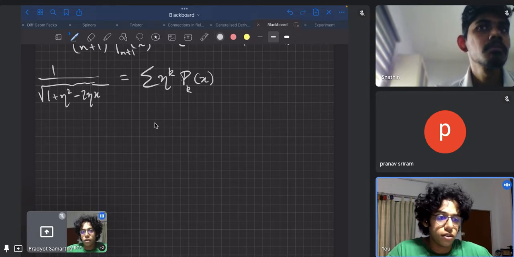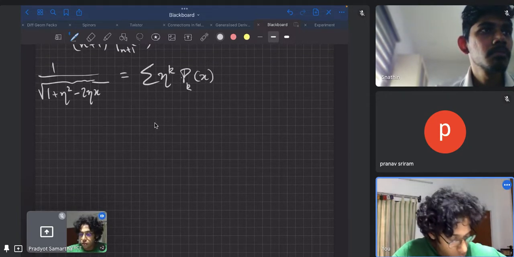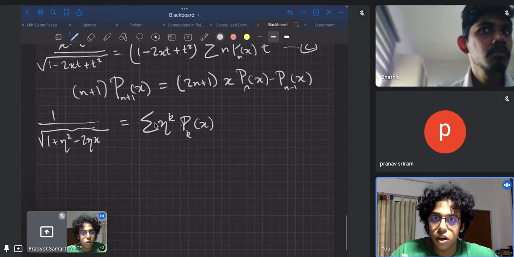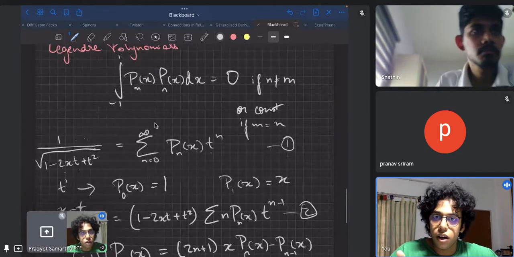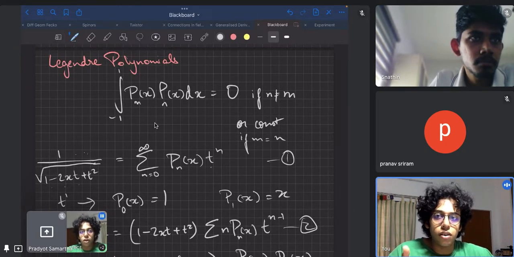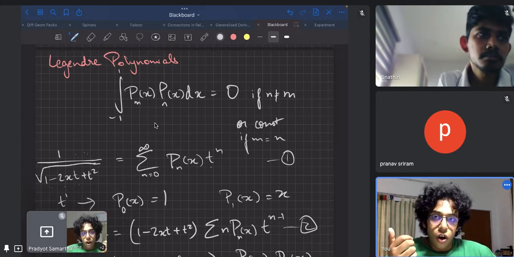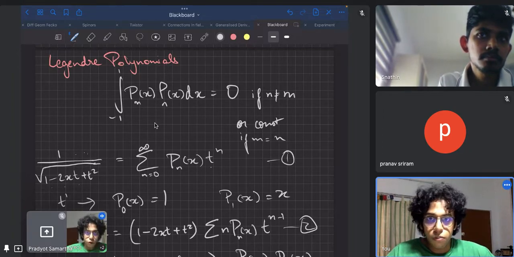I won't be going into detail here, but I want to point out that this is the homework. Why are the Legendre polynomials connected to the multipole expansion?